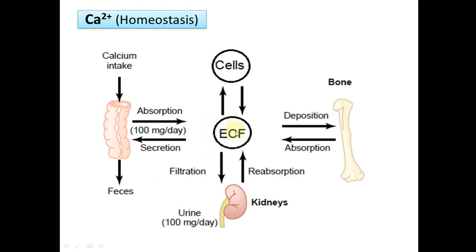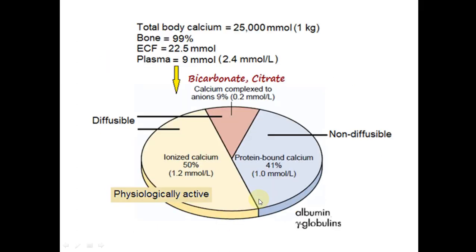Calcium is also filtered through the glomerular filtrate into the urine, but most of the calcium is reabsorbed. And overall, normally on an average level, only 100 milligram of calcium is excreted in urine, and this is balanced by the daily intake of about 100 milligram of calcium in the body.